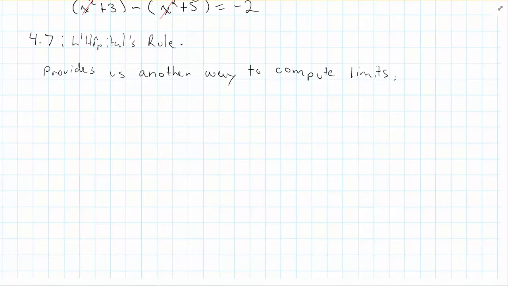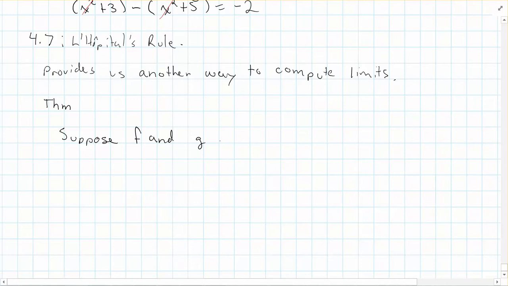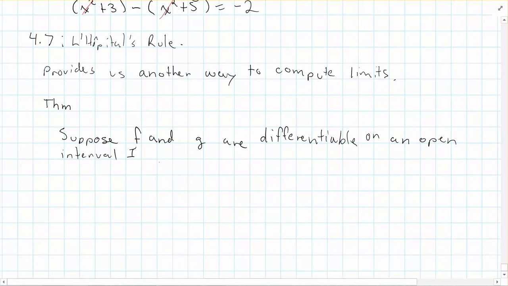All right, so let's write L'Hopital's rule down here. The theorem: suppose f and g are differentiable on an open interval I containing A, with g prime at A not equaling 0.